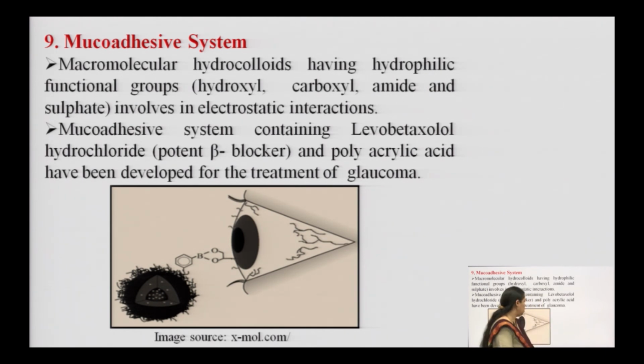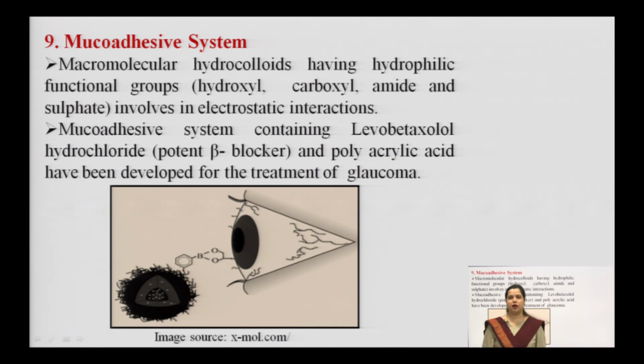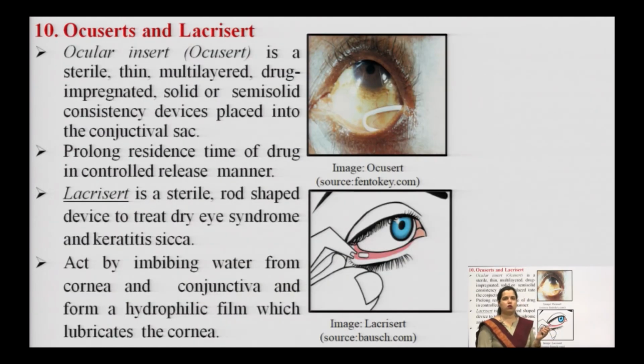You see the dosage form here, which has the mucoadhesive polymer, and it is making a bond with the eye surface. We have discussed in the mucoadhesive drug delivery system that the interaction takes place in the consolidation stage of mucoadhesion. First initial contact and then consolidation. This is how the drug is adhered to the mucosal surface.